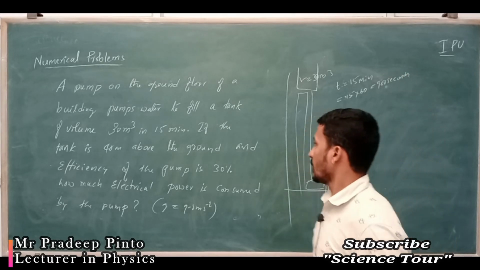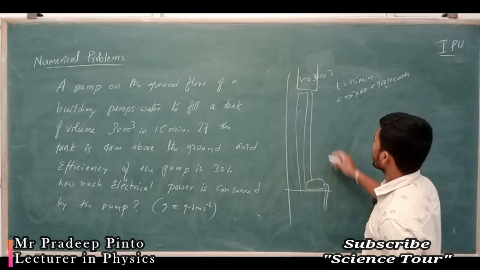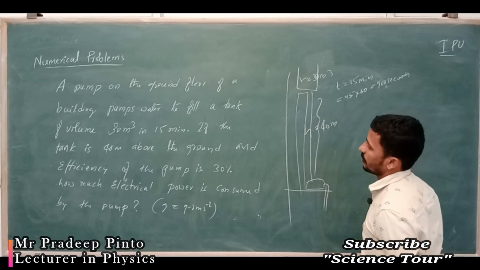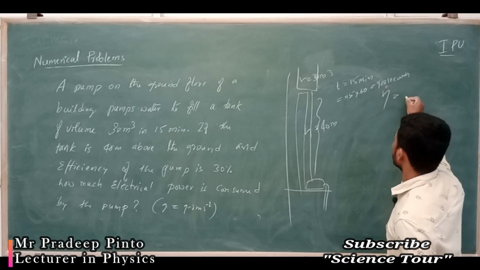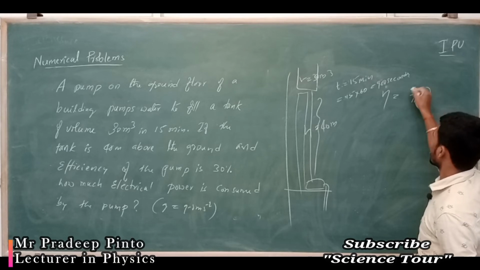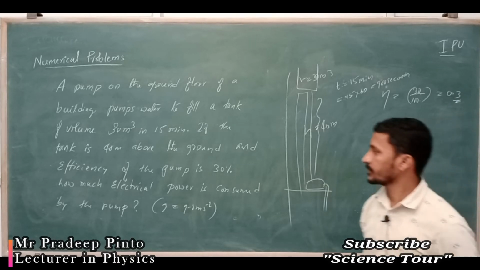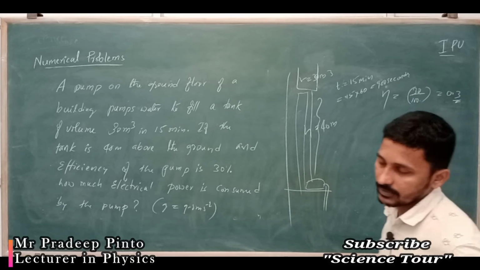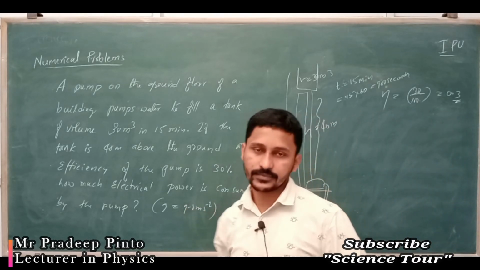Then the tank is 40 meters above the ground and the efficiency of the pump is 30%. Efficiency, eta, you are going to write down. 30% means out of 100 it is 30, so 0.3. Then how much electrical power is consumed by the pump? And they have asked you to take g equal to 9.8.